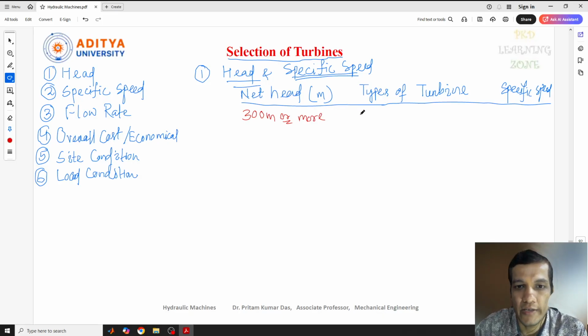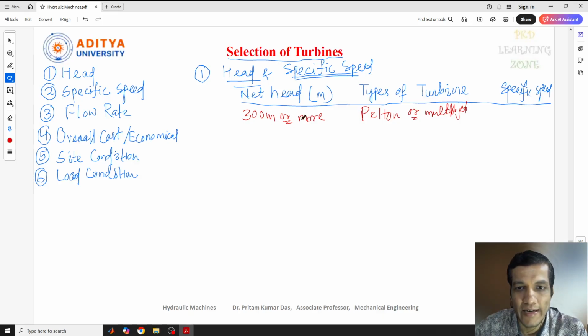Here we select only the Pelton turbine. In the Pelton turbine also, one condition is there: multiple jets need to be used, so multiple jets of the turbine will be present.